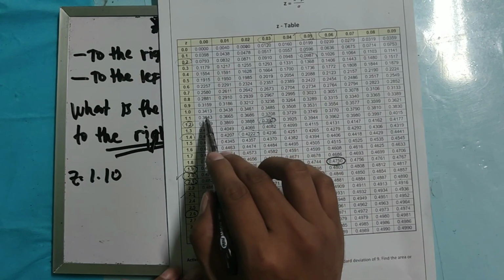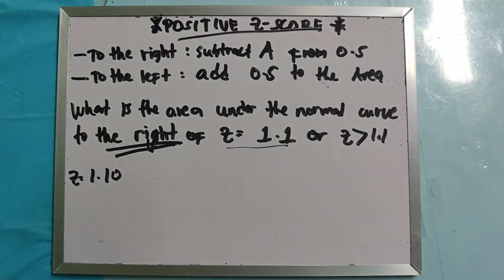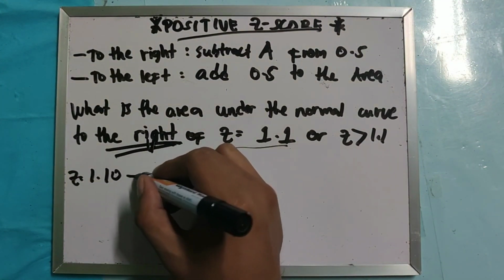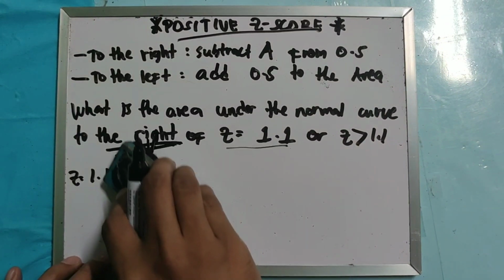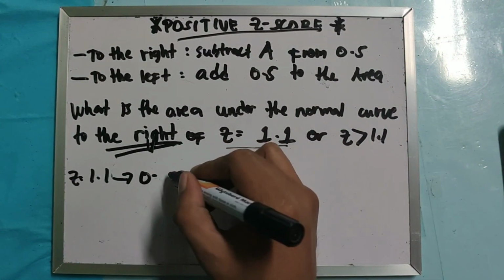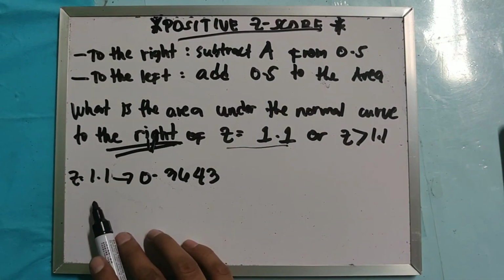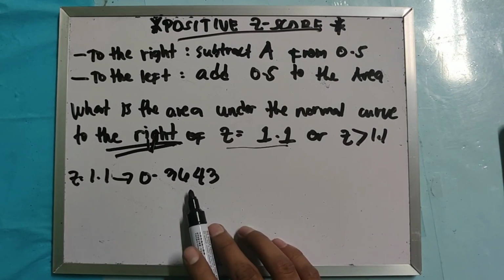So, our area for the 1.1 is 0.3643. So, the area of 1.1, para di kayo maguluhan, the area of z is equal to 1.1 again is 0.3643.